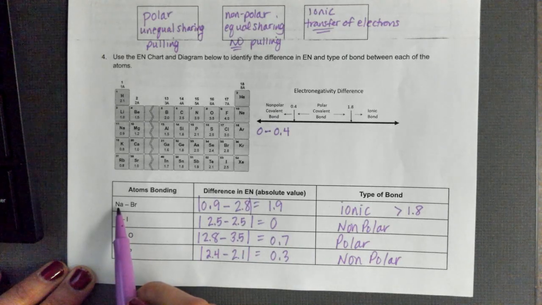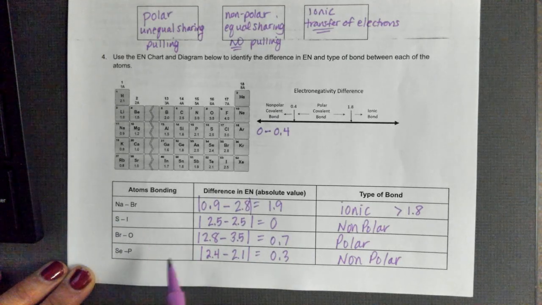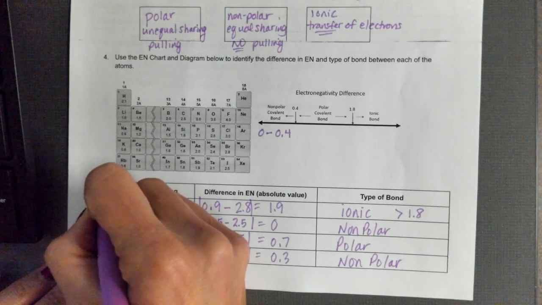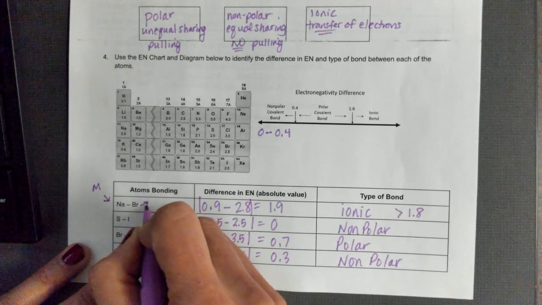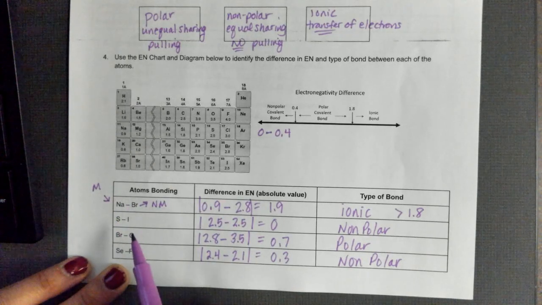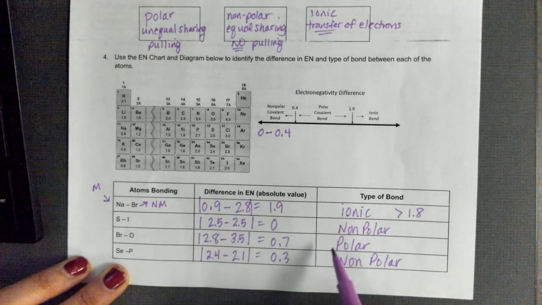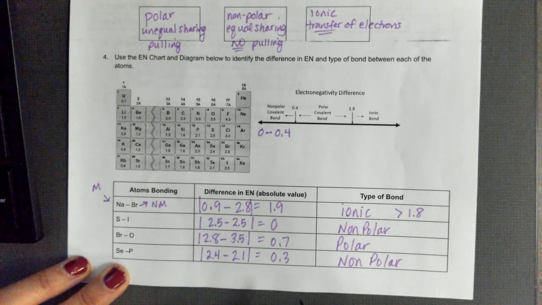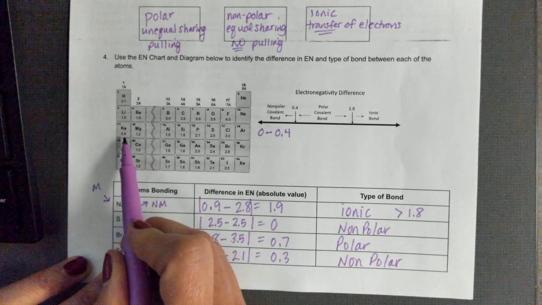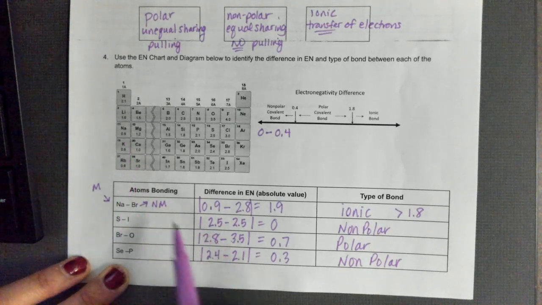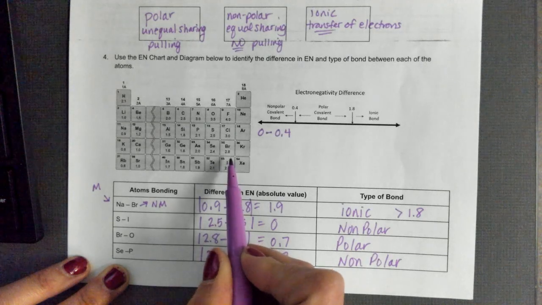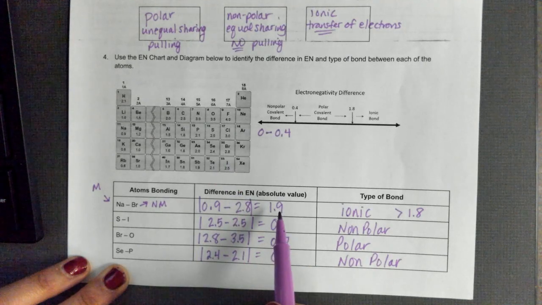So in this first example, we have Na with Br. Right away, you might notice that Na is a metal and Br is a non-metal. For many students, they can see that and know that's going to be ionic because it's a metal with a non-metal. But we can also calculate the difference by finding Na at 0.9 and bromine at 2.8, and then subtract those numbers and make it a positive.